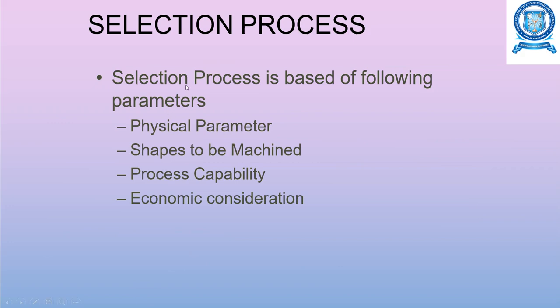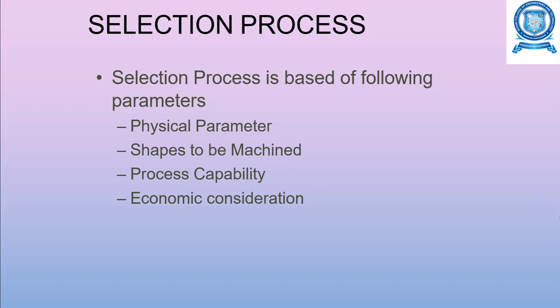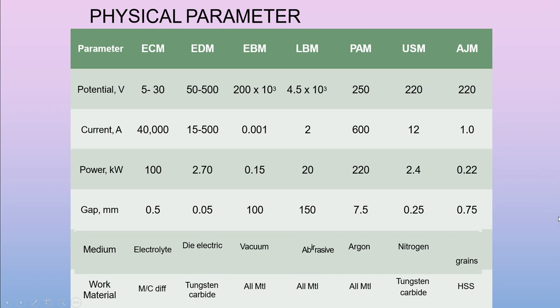And coming to the selection process. The selection process is based on the following parameters: physical parameters, shapes to be machined, process capability, economic consideration. You have various unconventional machining processes, and the process is selected based on these parameters.